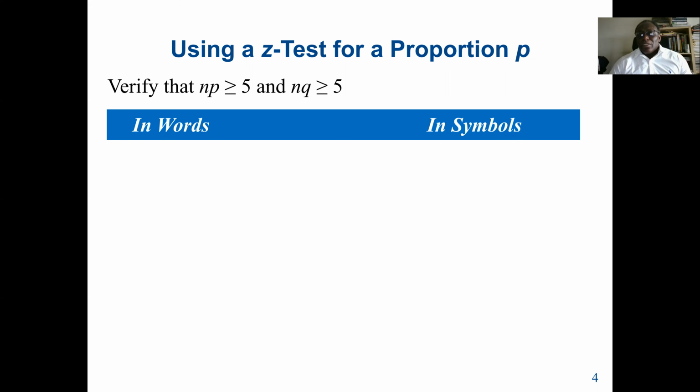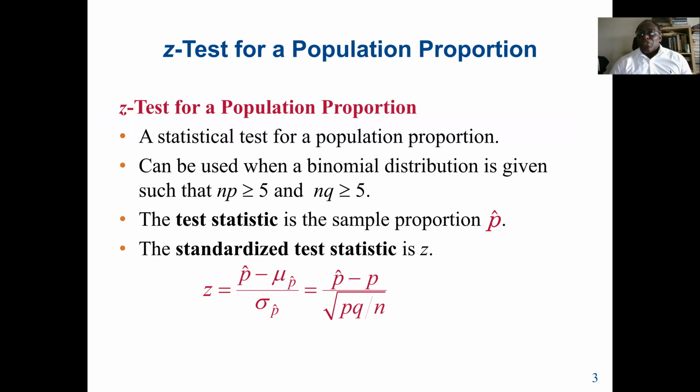Then after that, we are going to compare it with our alpha, which is the significance level. If the P we get is less than or equal to the alpha, then we are going to reject H0. If it's greater than alpha, then we are going to retain H0 or accept H0.